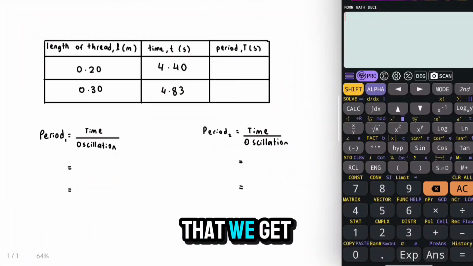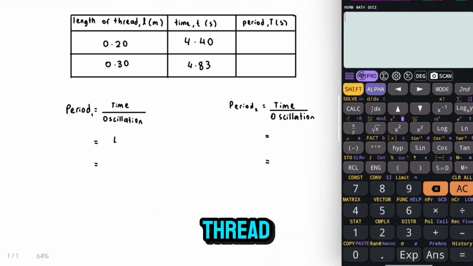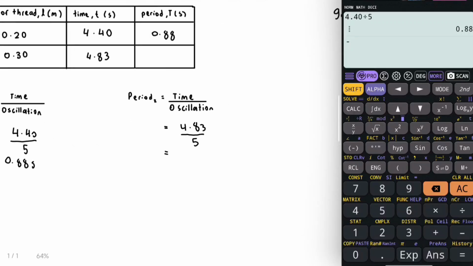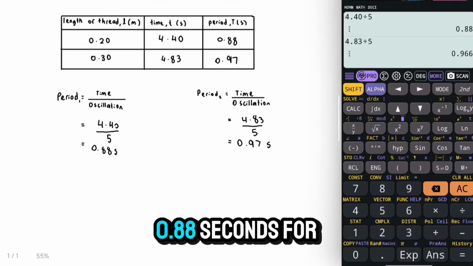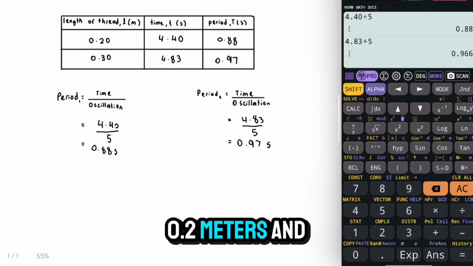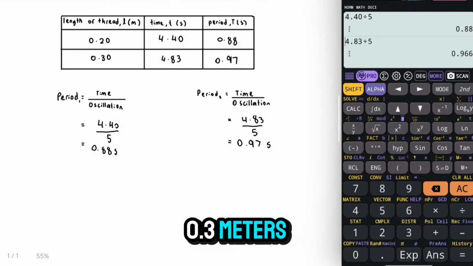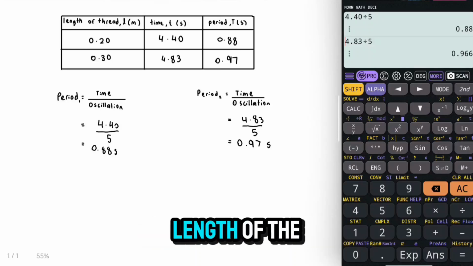From the data that we get, we can find the period for both different threads. And we get 0.88 seconds for 0.2 meter and 0.97 seconds for 0.3 meter. From here, we can state that the period is directly proportional to the length of the thread.